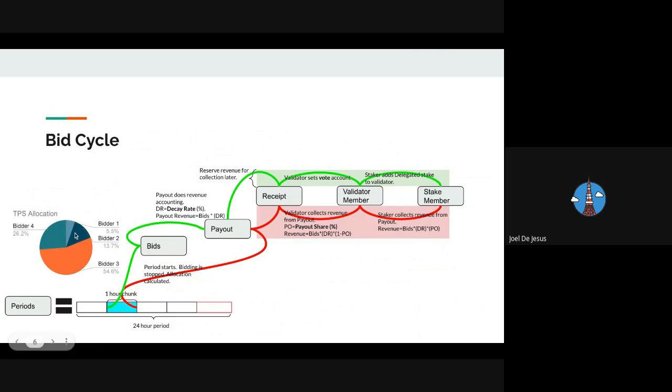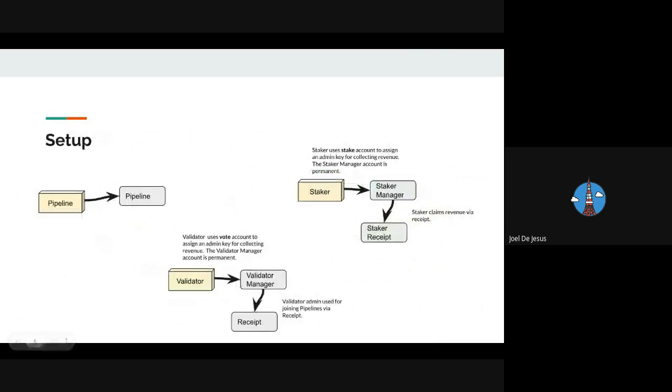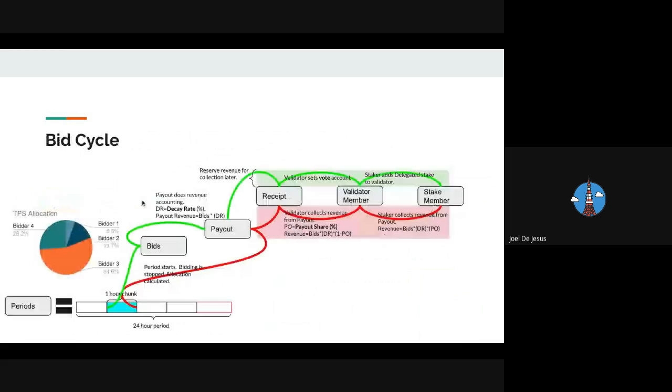These numbers aren't round, but let's say she needs 5. Let's say the pipeline she bids on has 20 TPS. So in this case, she gets 25%. If she's bidder 4 here, then she gets 25% of 20 TPS. So she gets 5 TPS. So she gets her goal.